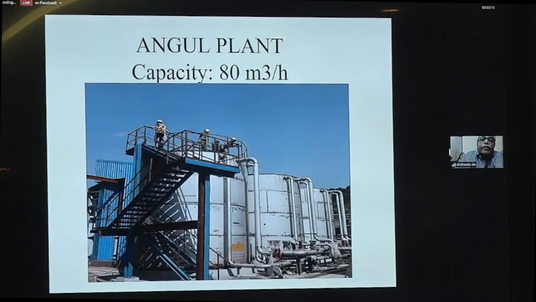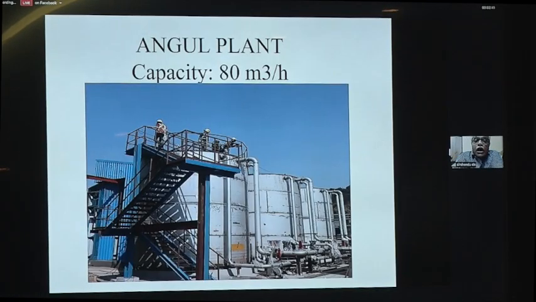And they have come up with an 80 meter cube per hour capacity plant at Angul, Odisha, in Tata Steel plant, which is successfully running for the last few months. The construction of the plant was delayed due to lockdown, etc. And the plant is very successful. Now they are going to scale it up to 120 meter cube per hour.